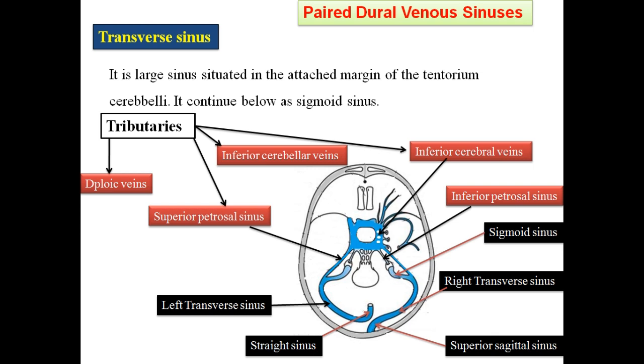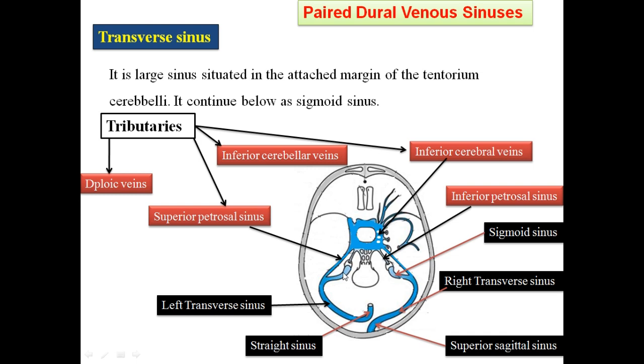The important thing is that the right transverse sinus is larger than the left transverse sinus. The right transverse sinus receives the blood from the superior sagittal sinus, whereas the left transverse sinus receives the blood from the straight sinus. Finally both transverse sinuses drain into the sigmoid sinuses, which are S-shaped.